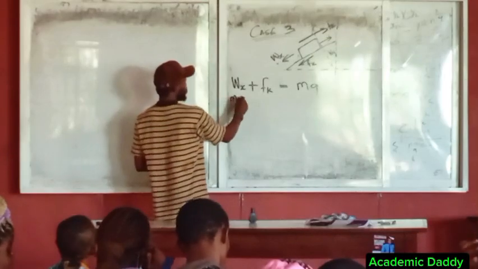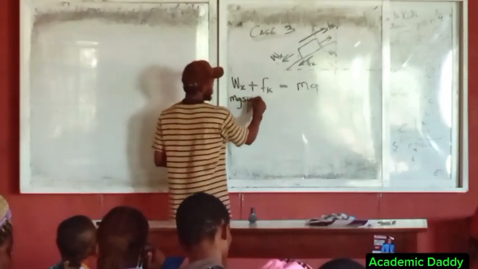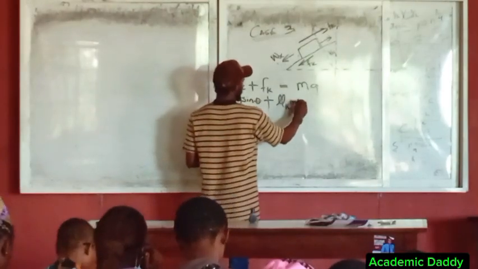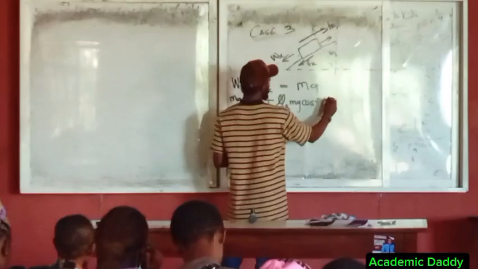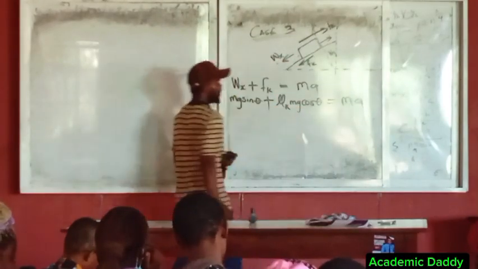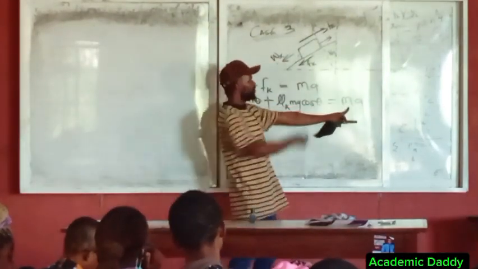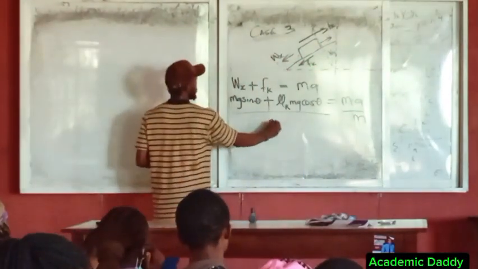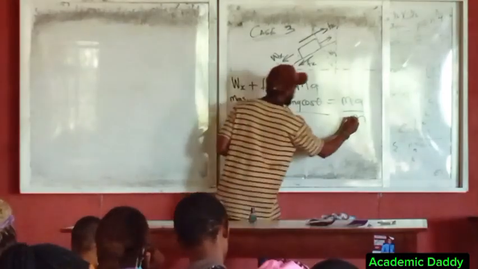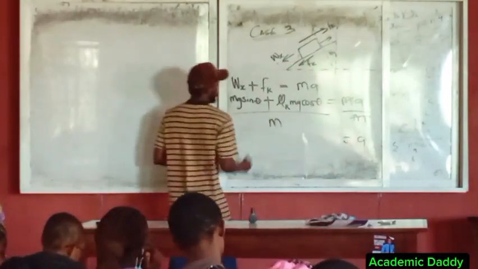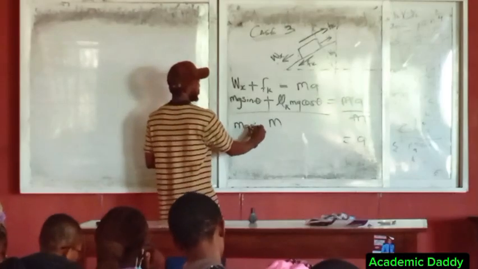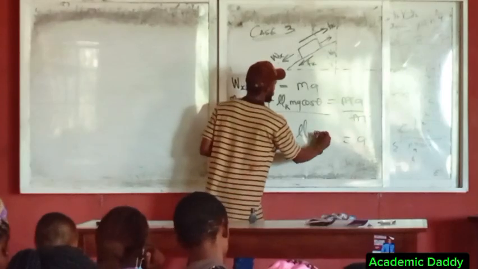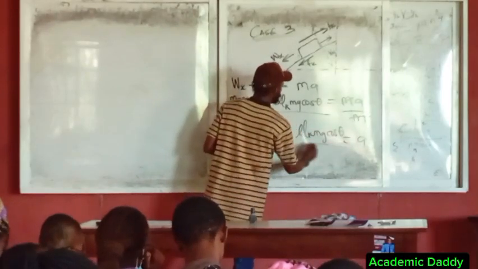So I will have mg sin theta plus coefficient of kinetic friction times mg cos theta equals ma. And because my a is active, it is moving, I will not say this is 0. I will divide both sides by m. So this is simply the same as saying mg sin theta over m plus coefficient of kinetic friction times mg cos theta over m equals a.